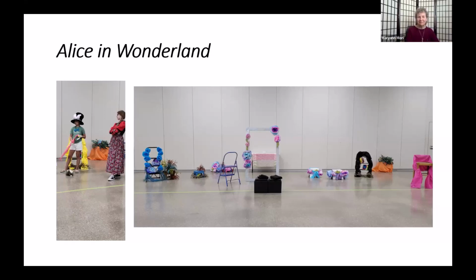And again, the way we set the stage was Wonderland is just bright and colorful and goofy. So we created some levels with step stools and tissue paper flowers. One of the characters in this particular script is the door. So the silver frame and flowers there, she was able to carry and be the door, and the tea party table in the background was brought up front.